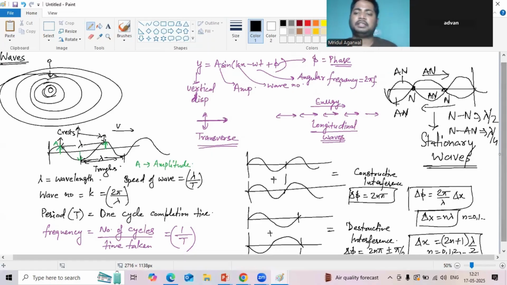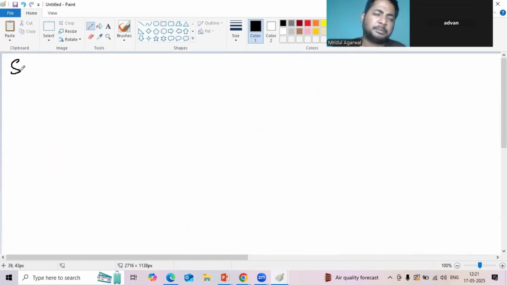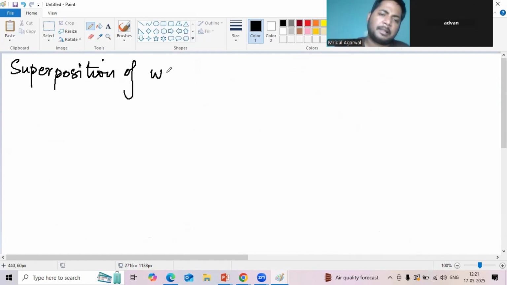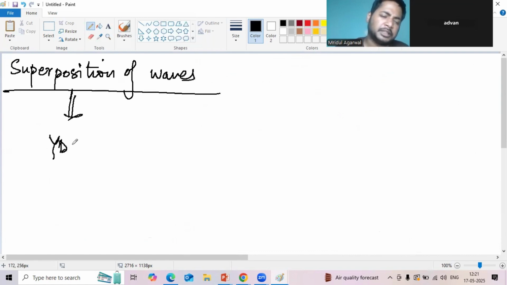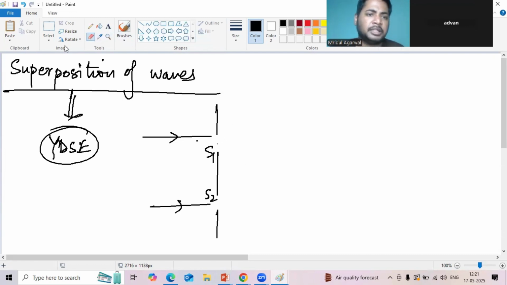There is an important experiment in the superposition of waves, that is the YDSE experiment, Young's double slit experiment for light waves. If you have two slits and waves are coming, the sources will be coherent, meaning both slits behave in a similar manner.